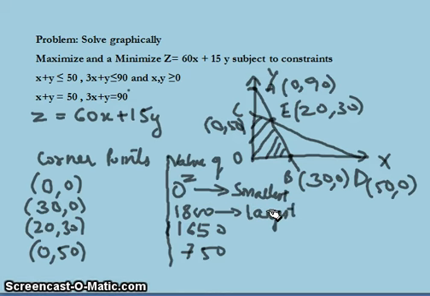Thus the minimum value of Z is 0 at point O with coordinates 0, 0, and the maximum value of Z is 1800 at point 30, 0, that is point B. Thus we have solved the given objective function graphically with the given constraints, which has the highest and lowest values of 1800 and 0 respectively.